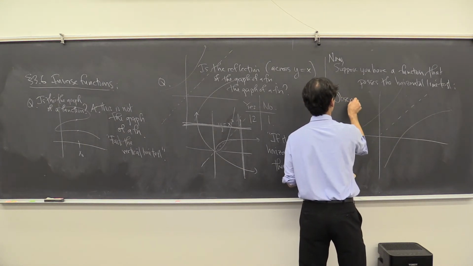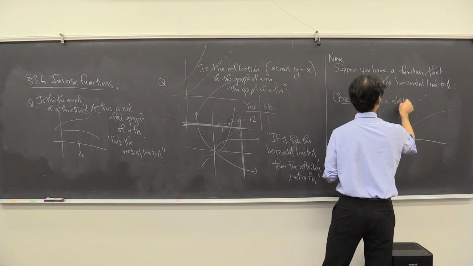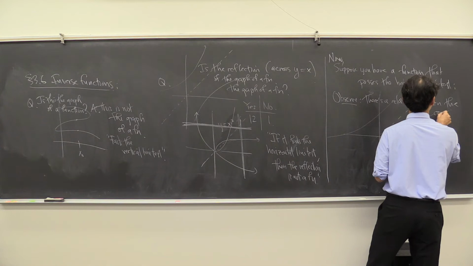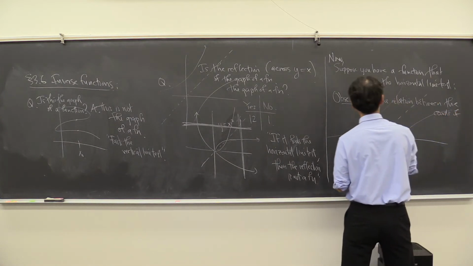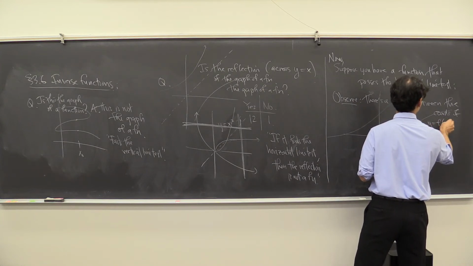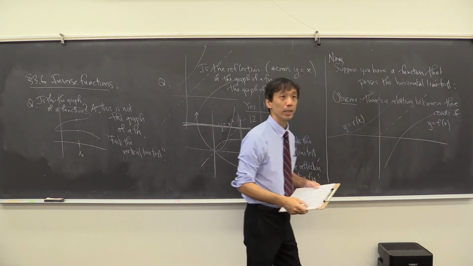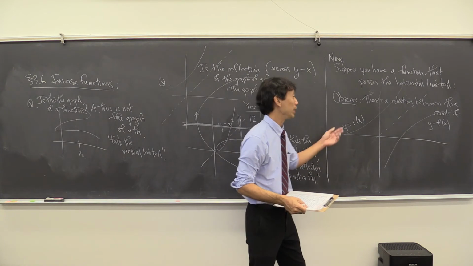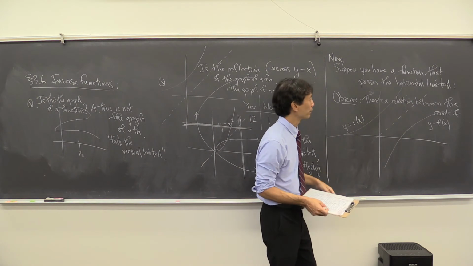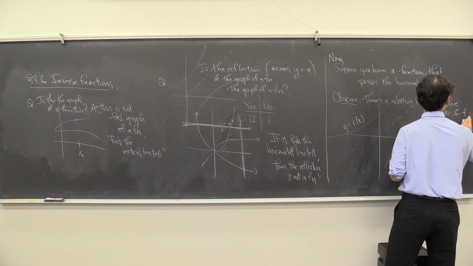Observe, there's a relation between the coordinates of the function and its reflection. I could call this one function and that one reflection because they're reflections of each other. But anyway, there's a relation between the coordinates of the function and its reflection.